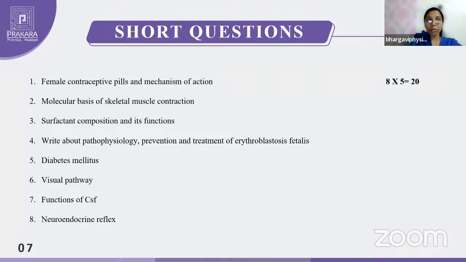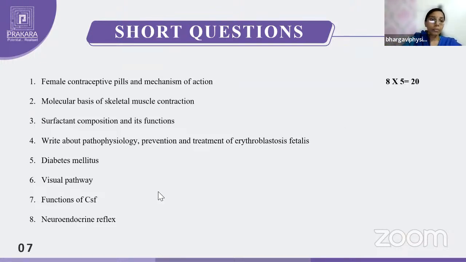Combined pills, mini pills, micro pills, and their composition, how you have to use them, and how the mechanism of action occurs for the prevention of fertilization. All those things you have to write under the first question for female contraceptive pills and the mechanism of action. Here, the mechanism of action you have to draw in a flowchart manner.